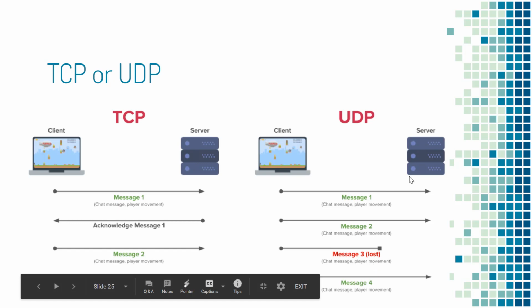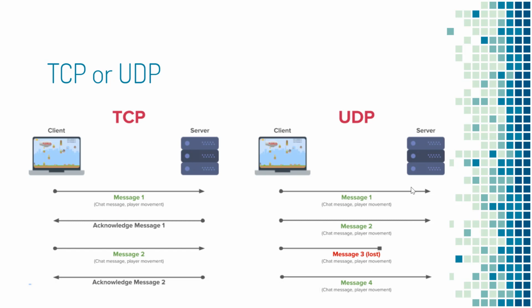The server doesn't care whether it's dropped or not. There are no acknowledgements. That's why UDP is usually connectionless, because it doesn't establish a connection before sending any data. This is the first thing. The second thing, UDP is considered to be faster and less reliable.